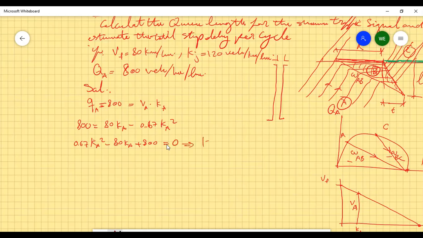So from here we can come up with KA equal 80 plus or minus square root of 80 square minus 4 multiply 800 multiply 0.67, divided by 2 multiply 0.67.